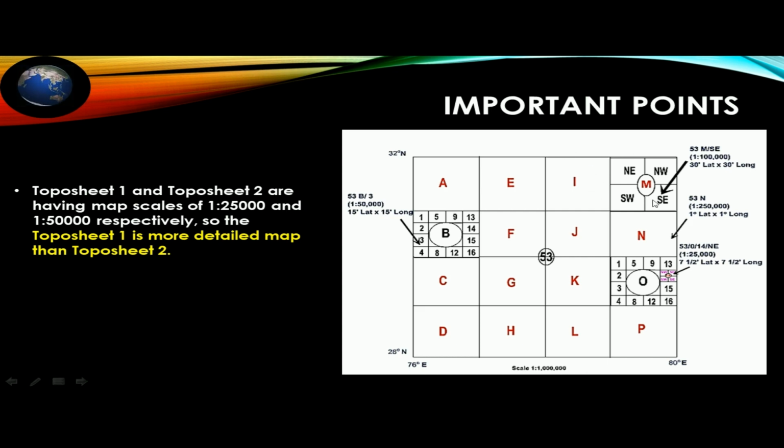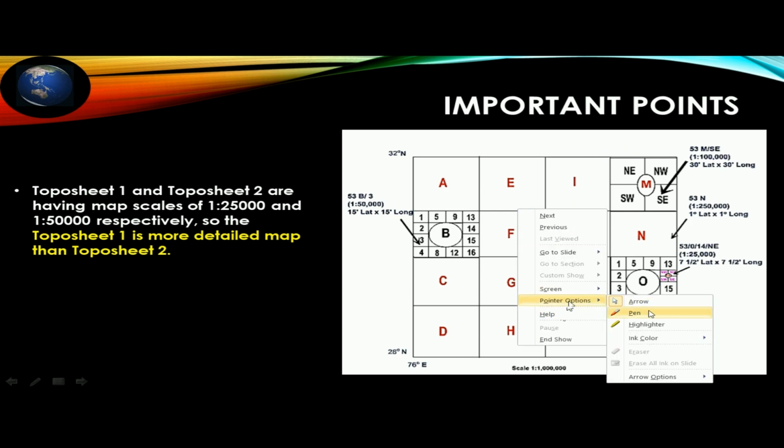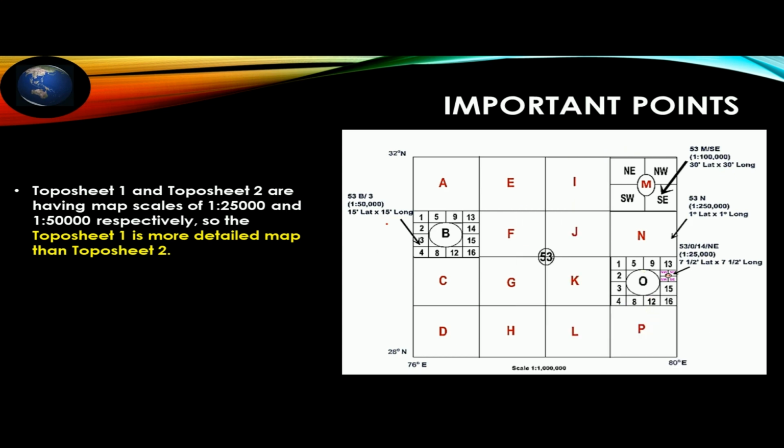In that 1 in 1 million map, please follow my cursor, okay? I'll take a pointer. This scale is 1 is to 1 million. In this map there will be four zones, and one zone will have northeast, northwest, southwest, southeast, four zones.